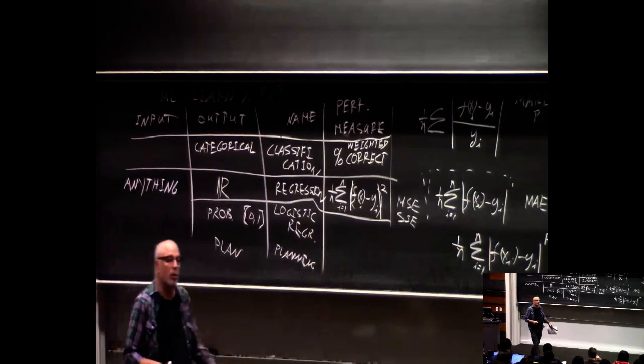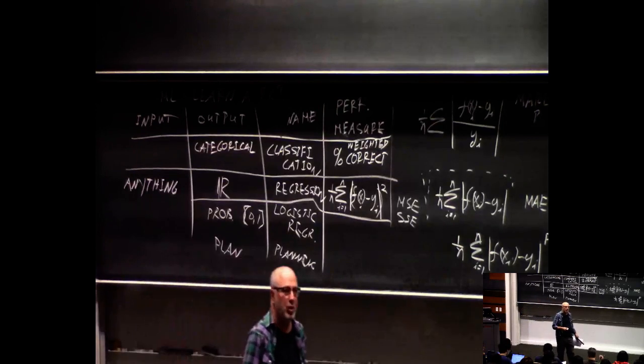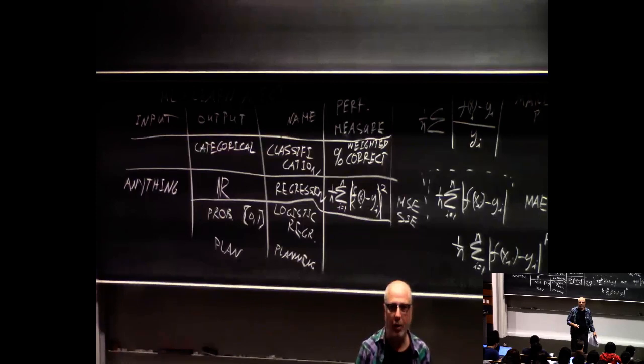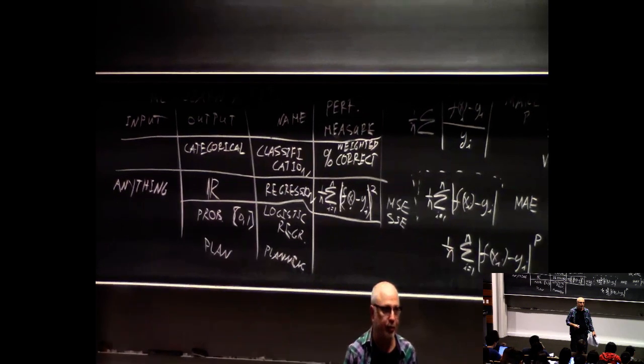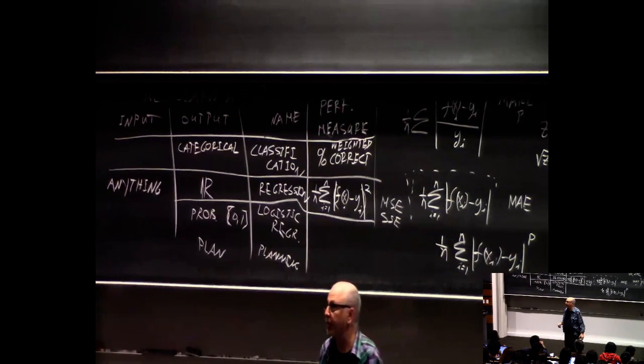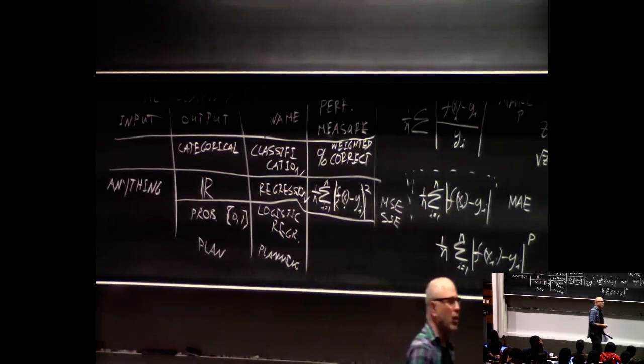When you learn logistic regression, what should be your performance measure? Logistic regression is the learning of a probability. How do you know that you learned good probabilities? We set up a threshold.